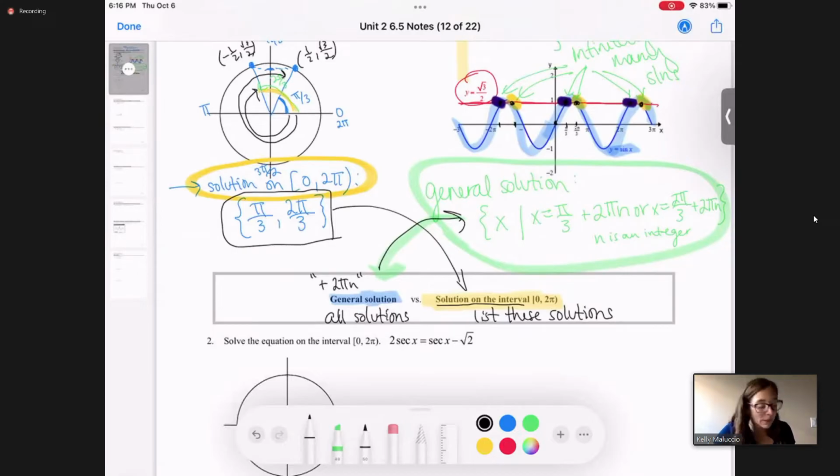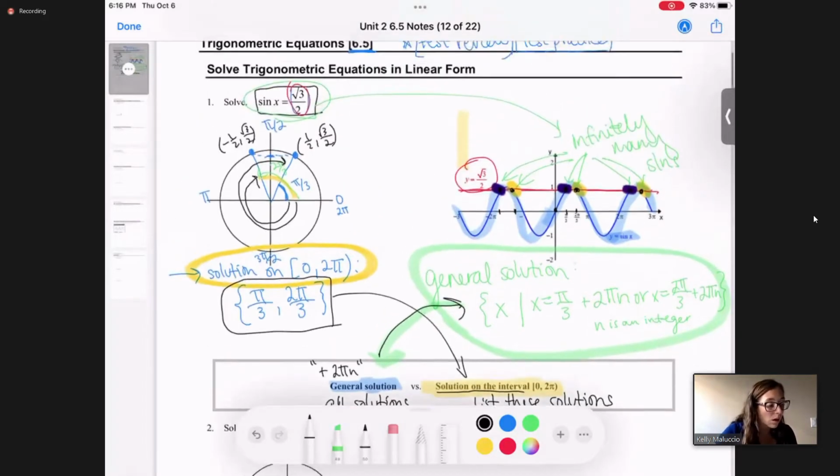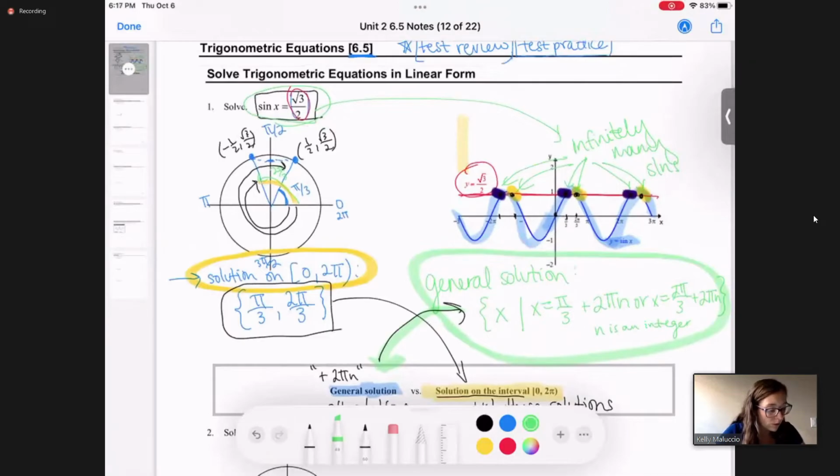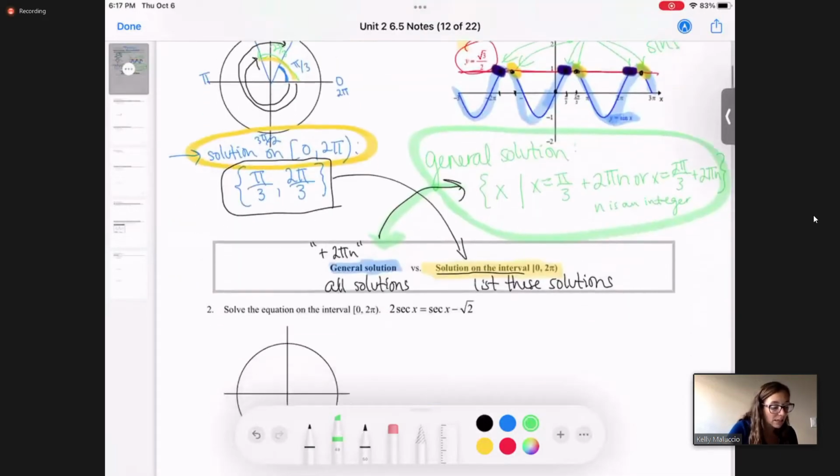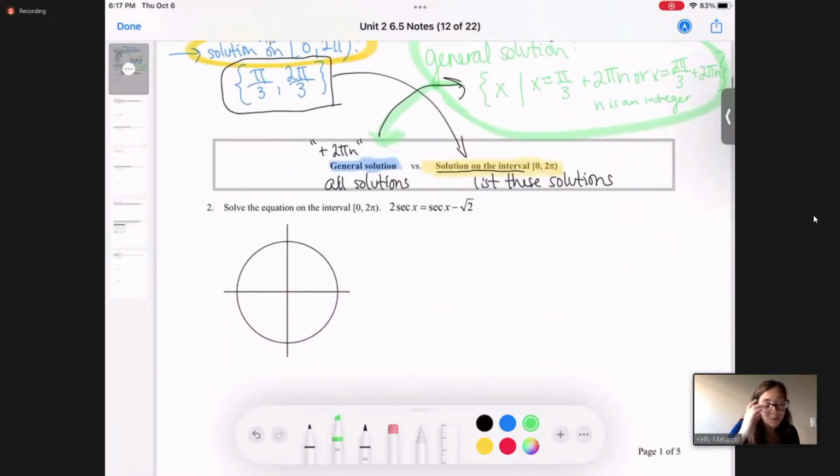So now, we just did sine x is √3/2, right? But let's take a look at something a little bit more complicated. Okay, something happened here. Secant x, what happened here?